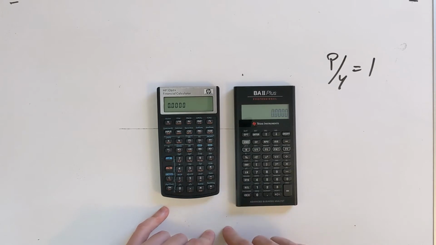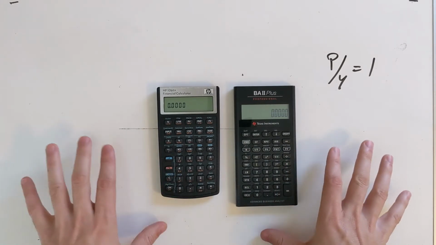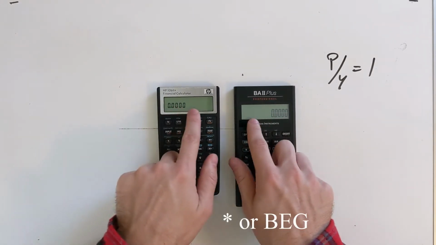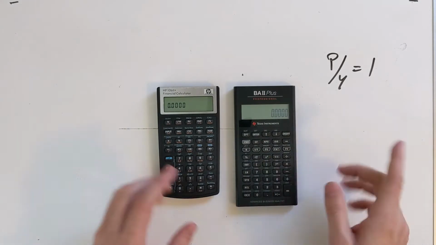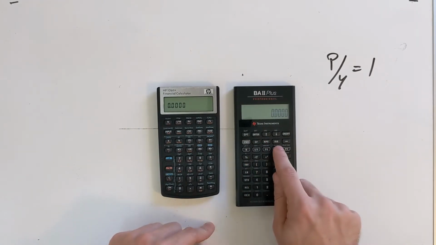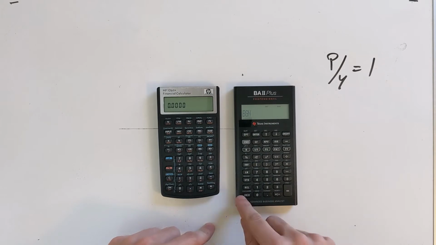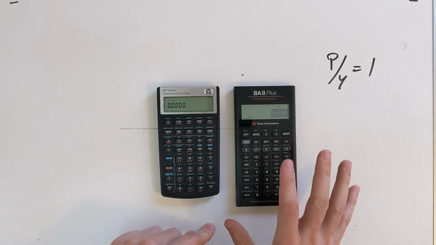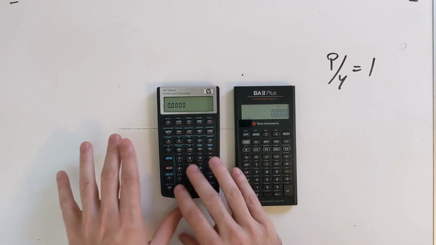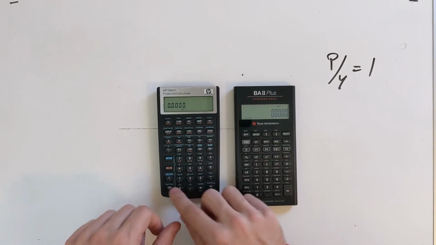Okay. And then the last thing that you might want to check is if it says BGN anywhere. So if I turn that setting on, now you can see it says BGN there. We want to turn that off. And again, on the HP, it's going to be very similar.